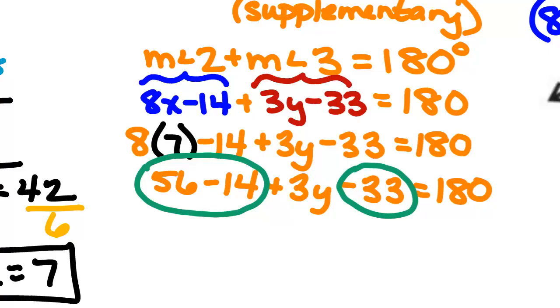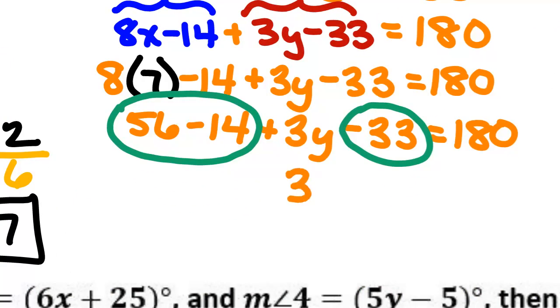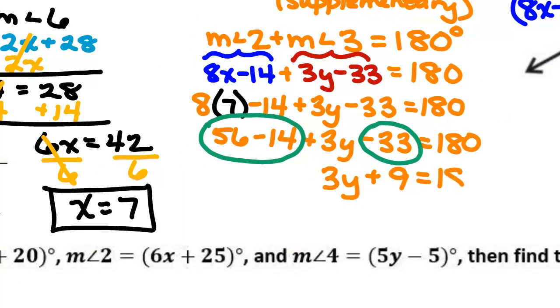What do I get when I combine my constants? 9. 3y plus 9 equals 180.